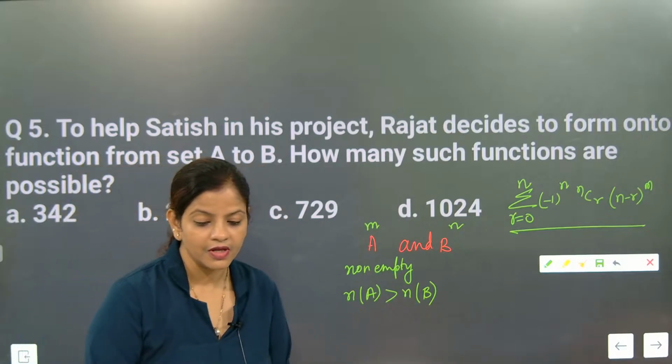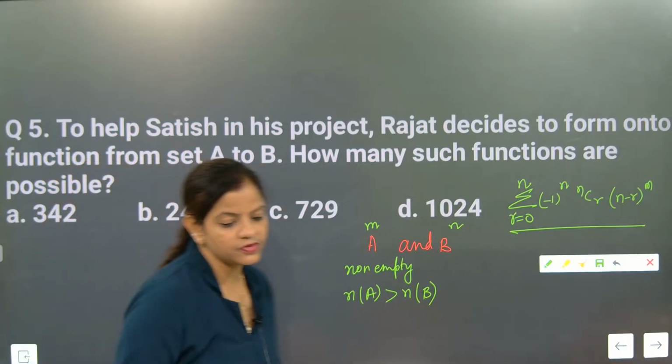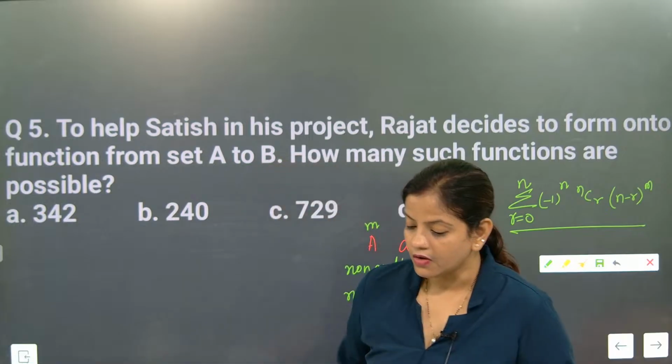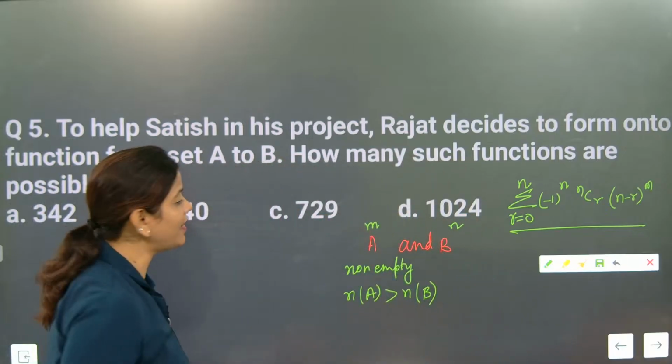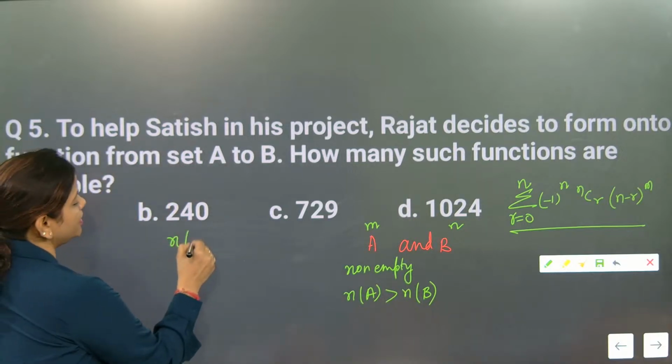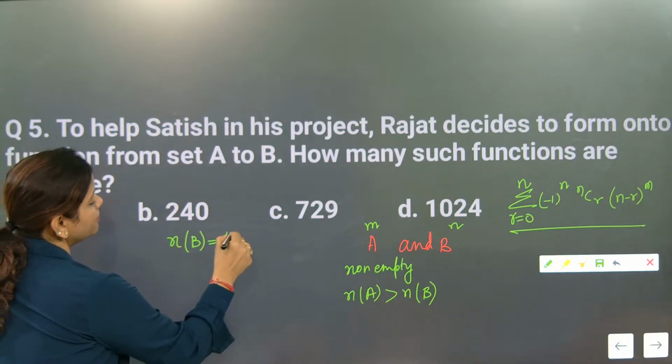Now start solving. How many times will the summation open, beta? It will open 4 times, because we start with r equal to 0 up to n, and the number of elements in B is 4.